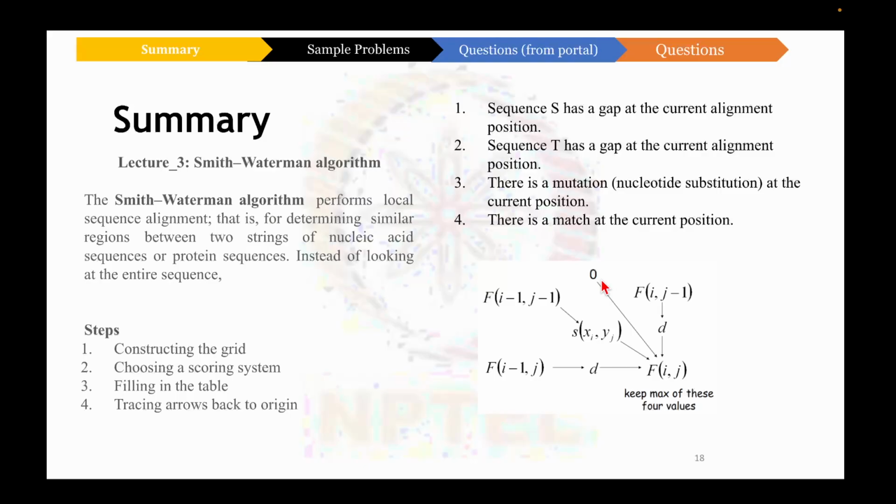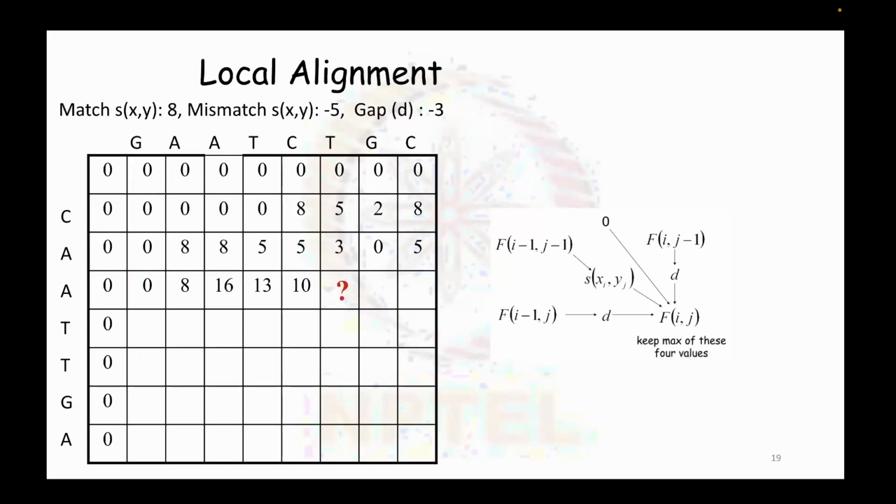Since the maximum of 0 is included, the minimum value that we can expect is 0. So no negative values are observed in the Smith-Waterman algorithm. Here, similarly, for the same alignment, I try to generate a local alignment.